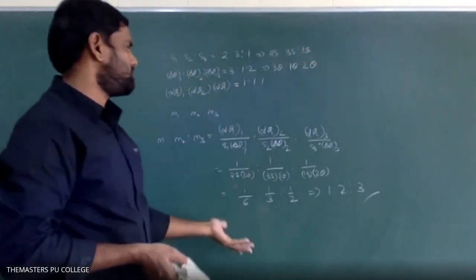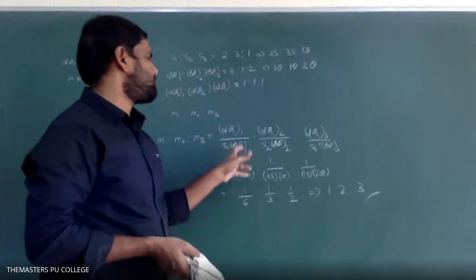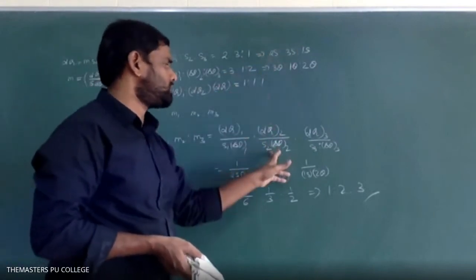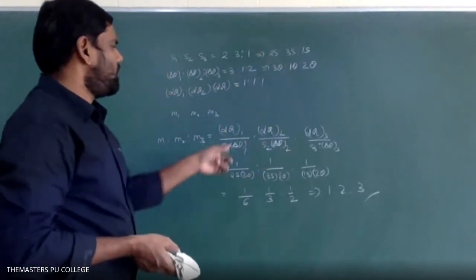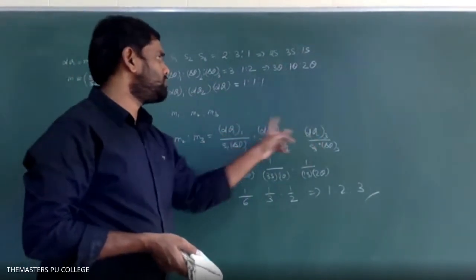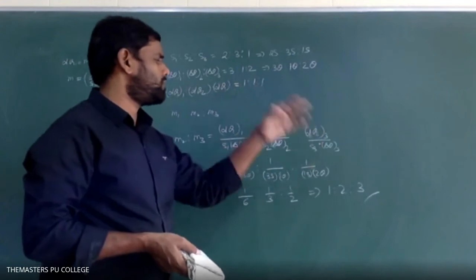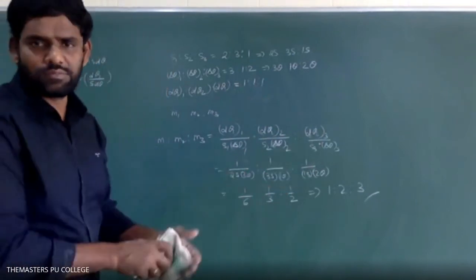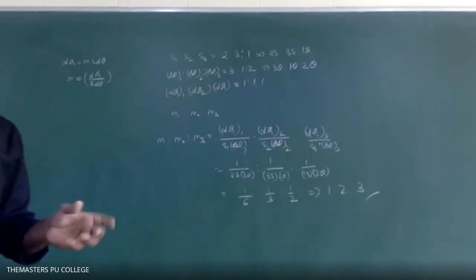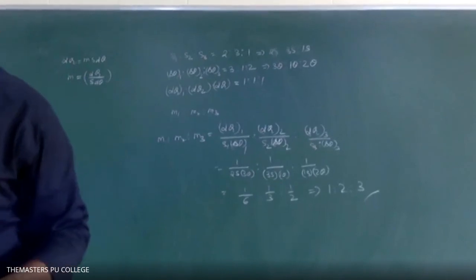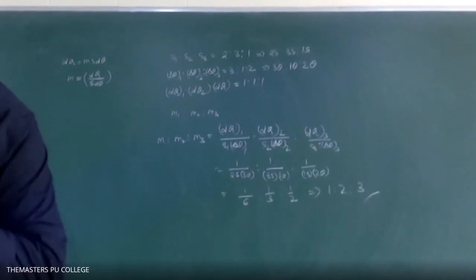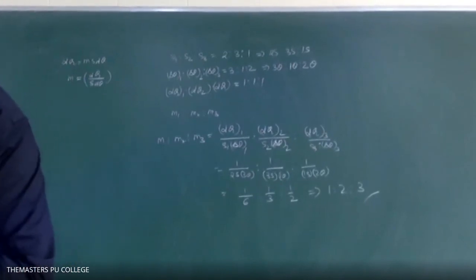Else you can substitute 2 in place of s1, and 3 in place of s2. Both are the same. dq1 is to dq2 is to dq3 is 1 is to 1 is to 1, that's why I have taken dq1, dq2, dq3 as 1. No problem, you can go for that also.